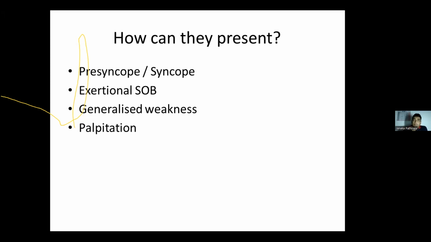So most of the time, when somebody comes with that complaint, if you don't investigate that patient and don't listen to the history properly, what do you do? This is the common scenario, right? What are you going to do?